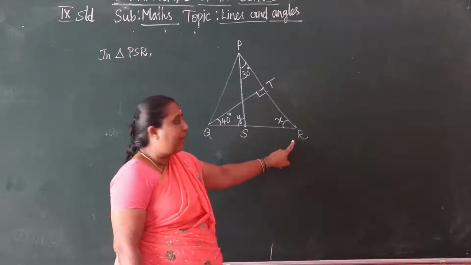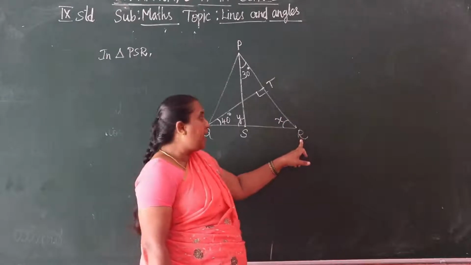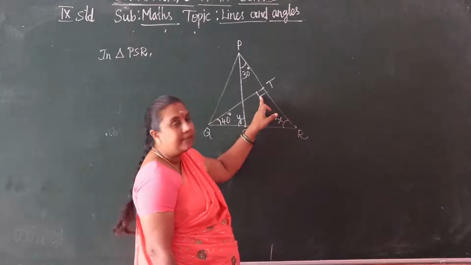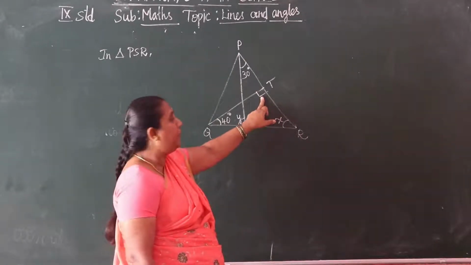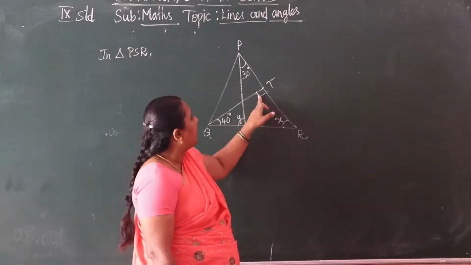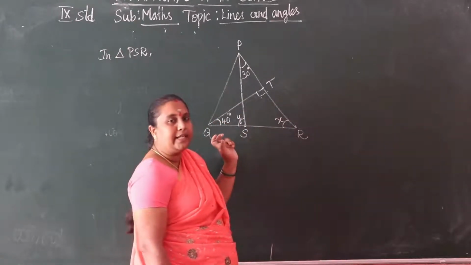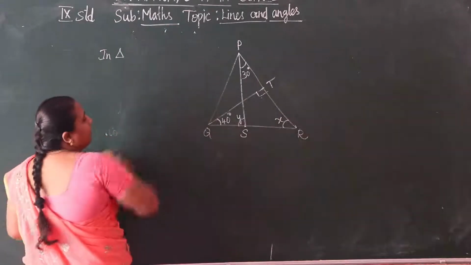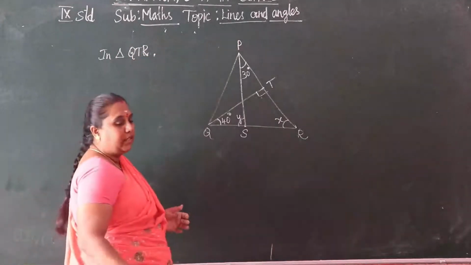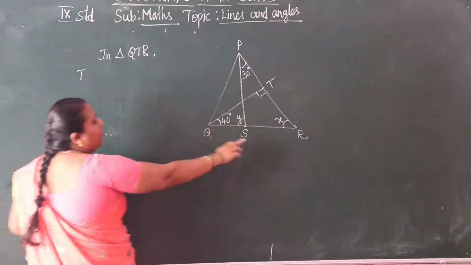So for that, children, we can take this triangle QTR. See here, we know the angle Q is 40 degrees and angle T is 90 degrees. It is perpendicular to PR; the perpendicular line always has 90 degrees. So 40 degrees, 90 degrees and X. The sum of the three angles of a triangle equals 180 degrees. So in triangle QTR, we want this angle now.